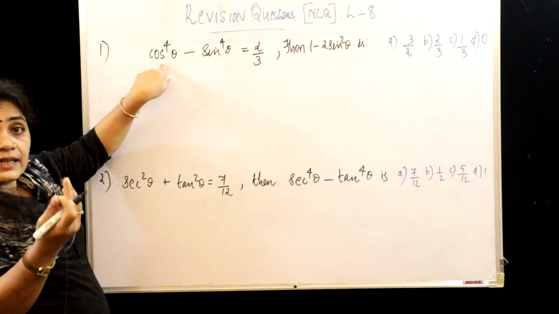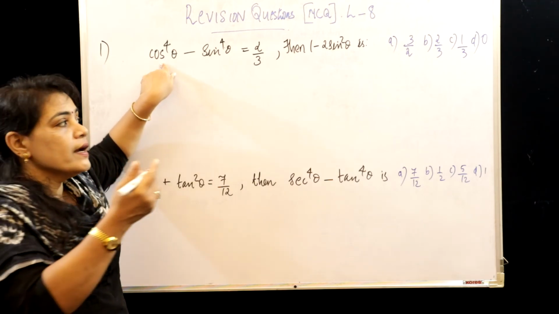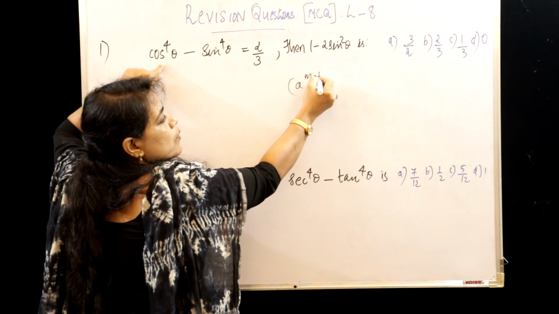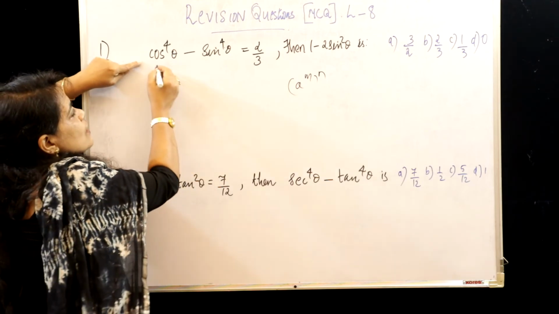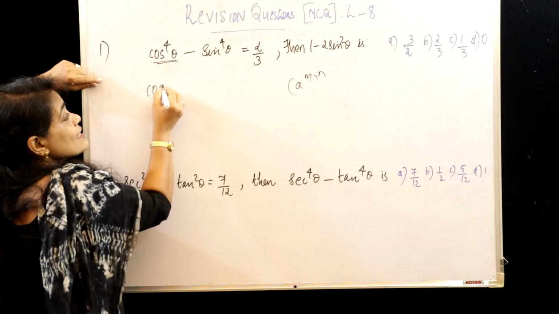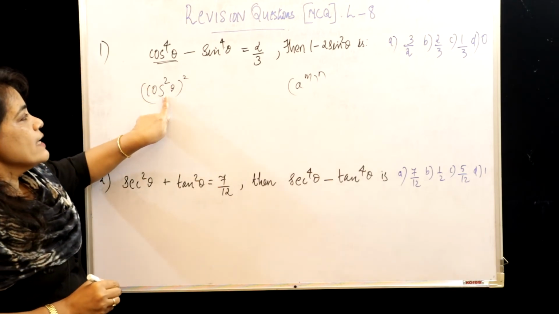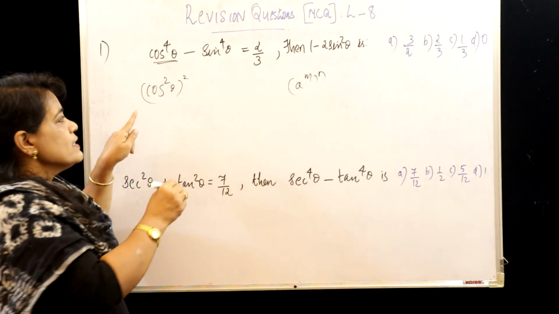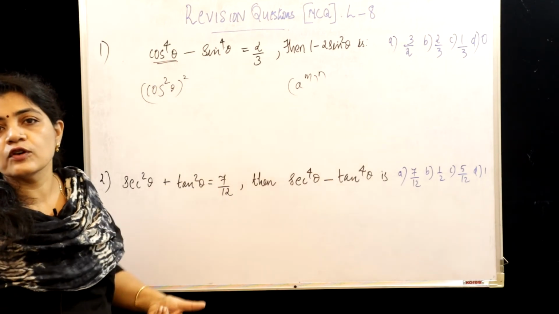For that, we can take cos raised to 4 theta. If we apply the law of indices, that is a raised to m whole raised to n equals a raised to mn, then instead of cos raised to 4 theta, you can substitute cos square theta whole square. Here 2 into 2 is 4, that is cos raised to 4 theta.